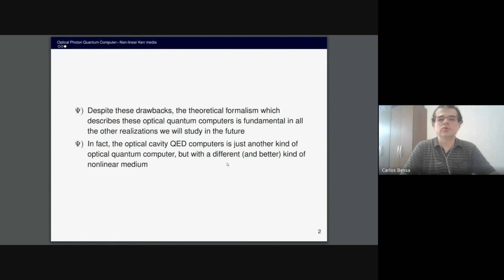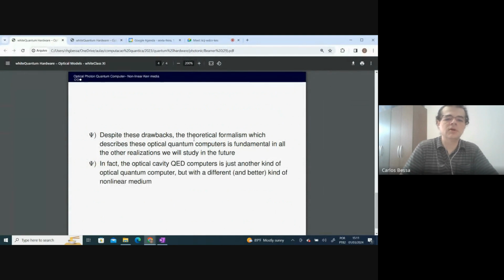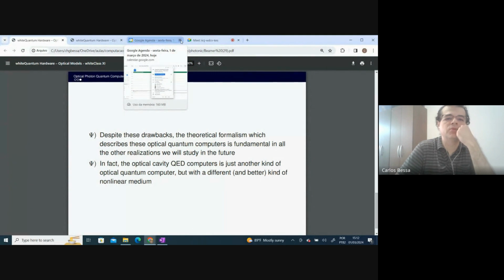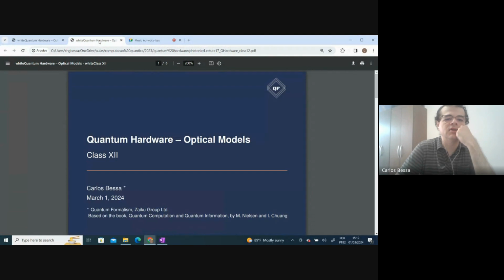So okay, I forgot to comment on this in the last lecture, but basically the main problem of the optical models that we considered is how to make good interaction between the photons. It's not easy experimentally, in the lab, because the nonlinear Kerr media usually are weak.